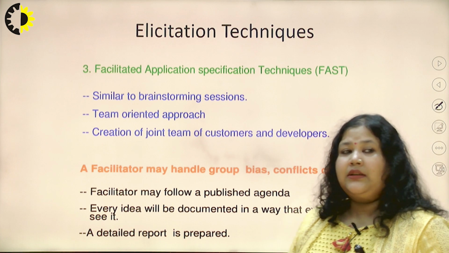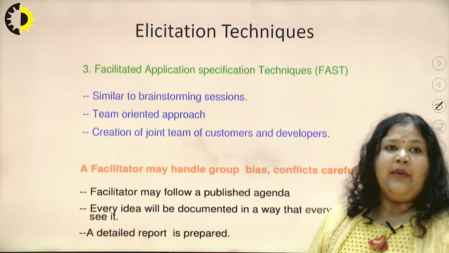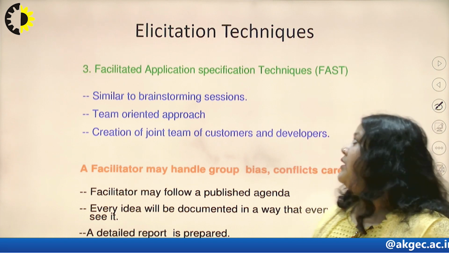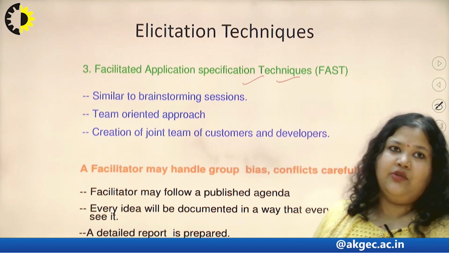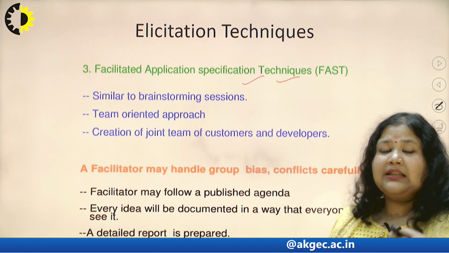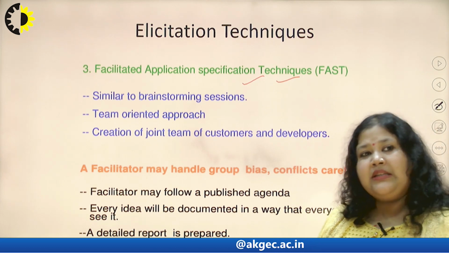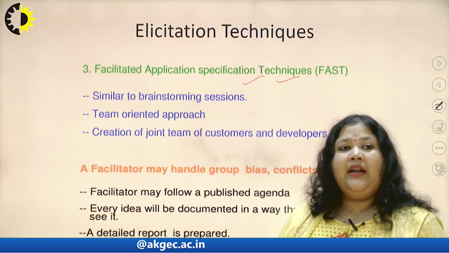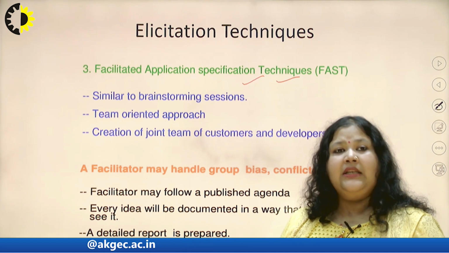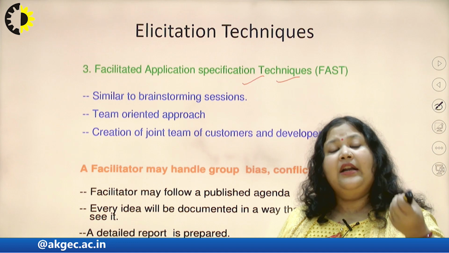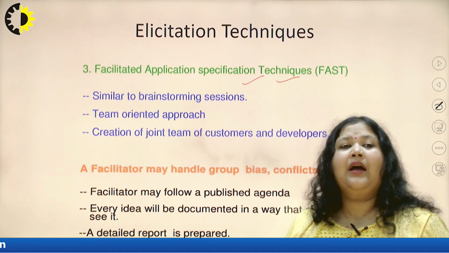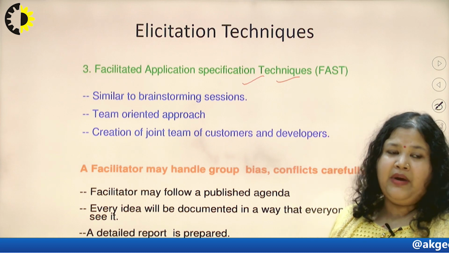Now the third technique is the facilitated approach, that is FAST. FAST means facilitated application specification technique. FAST is completely similar to the brainstorming sessions, but it is a team approach. In this technique, we have to define the agenda of the meeting with respect to the users, stakeholders, or middle level management persons.